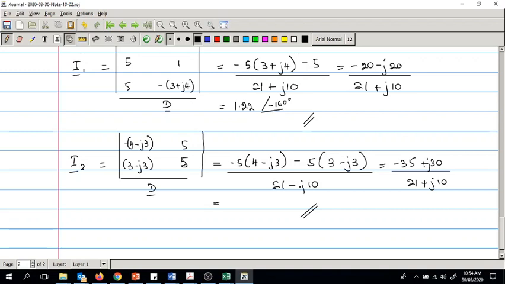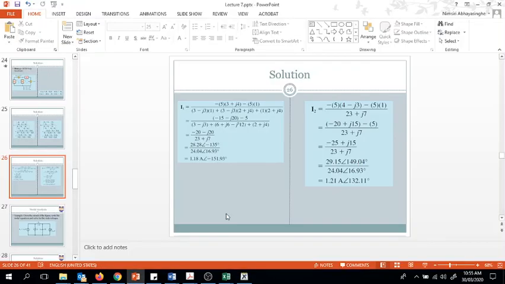So it brings me to 1.98 amperes angle 114 degrees, right? So let me check these answers again. Maybe I have done a mistake somewhere, right? So these answers are a little different from what I have got here, so I'll check that.